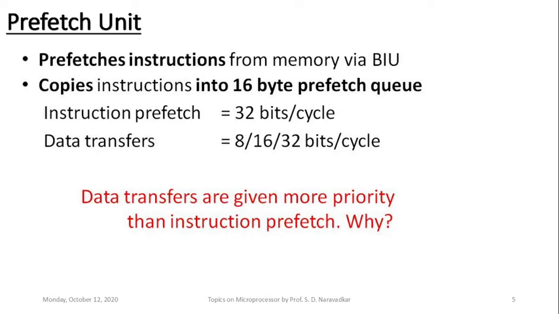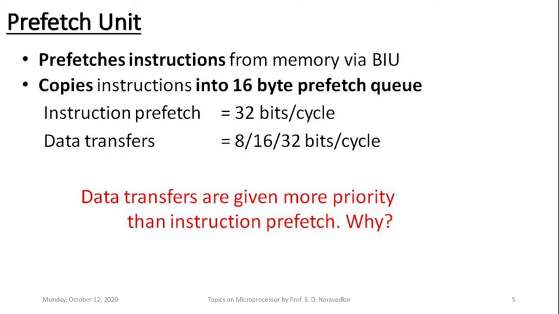Whereas a prefetch operation can be a bit delayed. Why? Because we have that prefetch queue inside. So there will be at least a few bytes within that prefetch queue, which can be subsequently supplied for decode, execution and the rest of the pipeline operations. The performance of the processor will not be hampered because of this, because instructions available within that prefetch queue can be supplied to other units for execution.